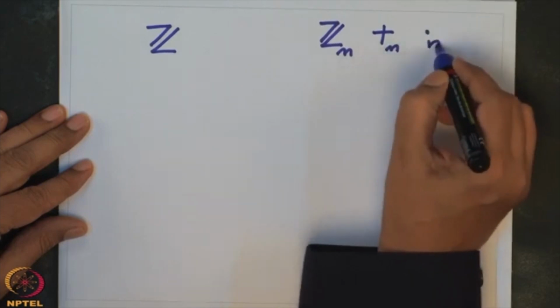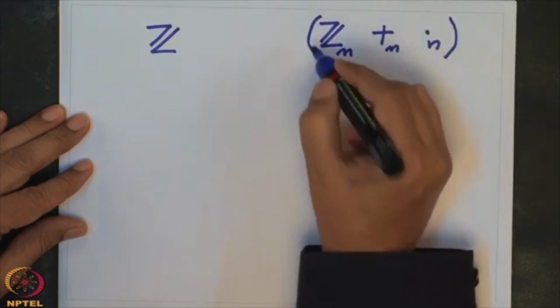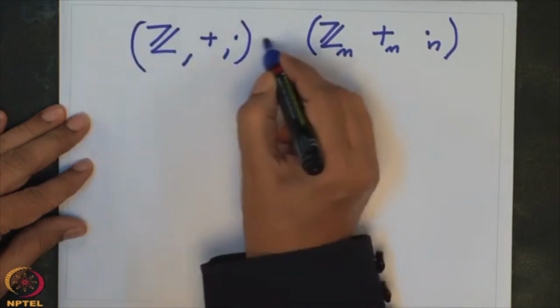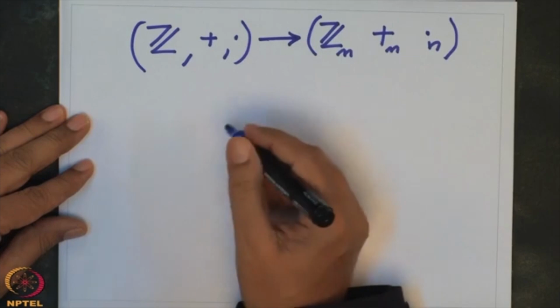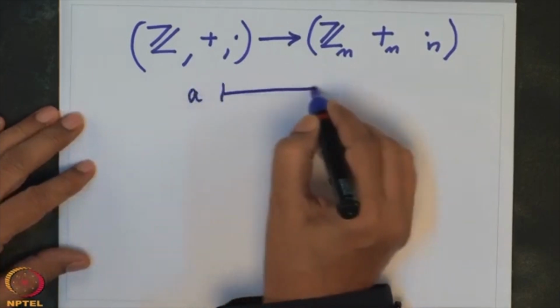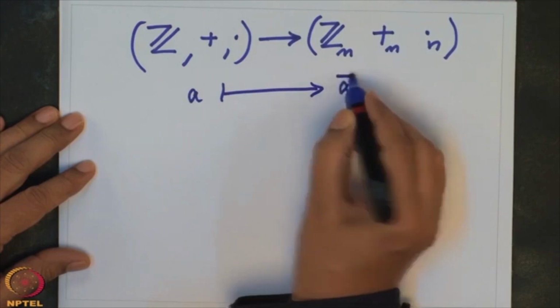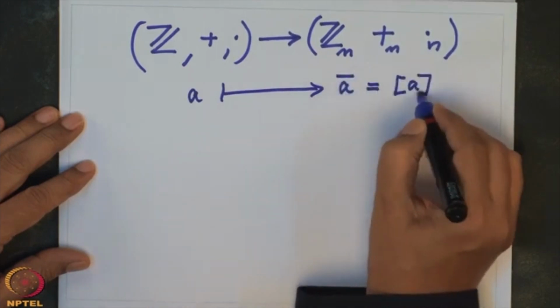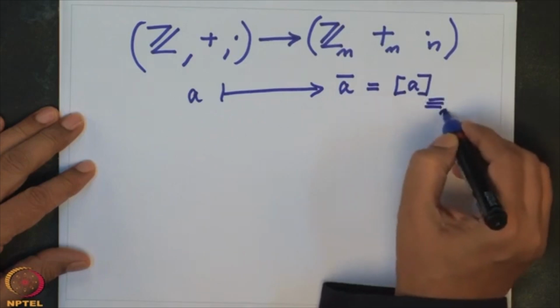This again we should suppress, but only for today let me just do it. So the map here is: take any a in Z and map it to a bar, where a bar means the equivalence class of a under the relation congruent modulo n.